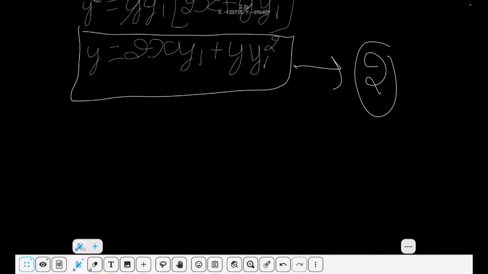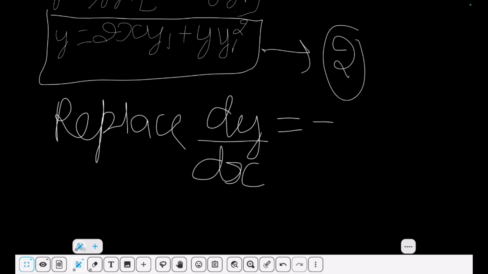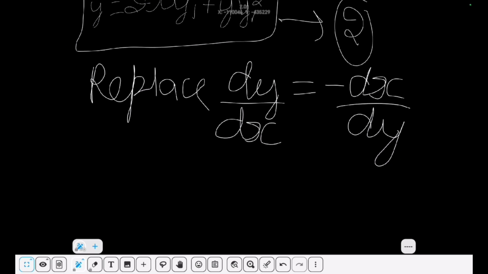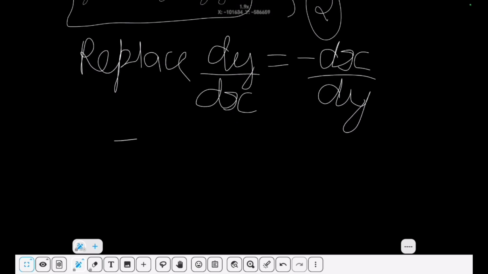Now the last step is replacing dy by dx with minus dx by dy. Here we have considered dy by dx as y1. So I'll consider minus dx by dy as minus 1 by y1. It would be the same, reciprocal, right?